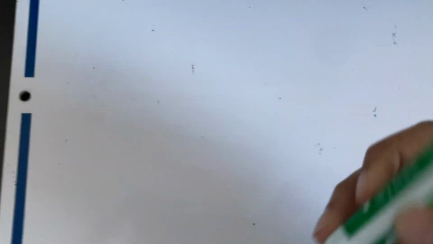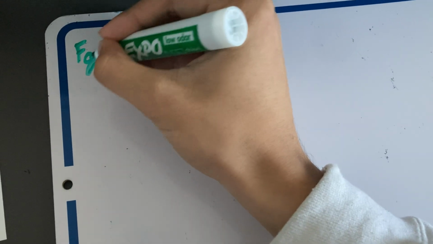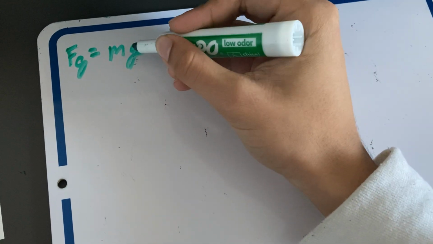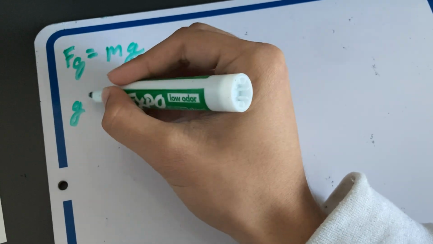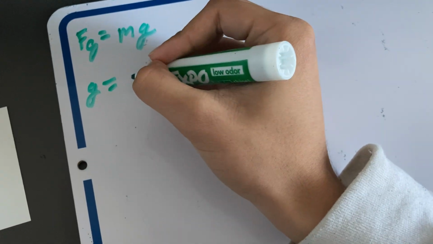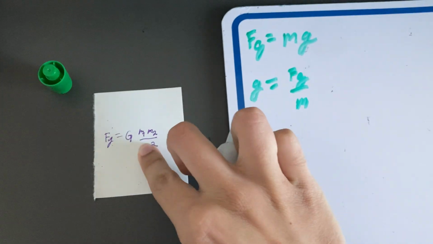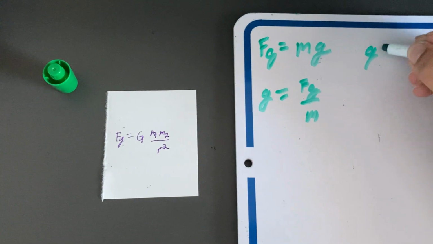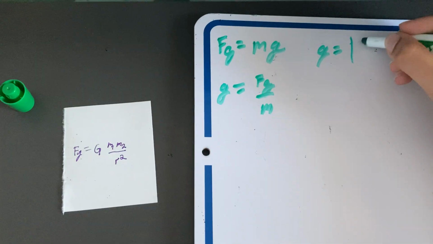Before we get to any of that, we need to use this formula. Just get this general formula going. We all know that g equals FG over m. Substitute FG with Newton's universal law of gravitation. What are we going to get?